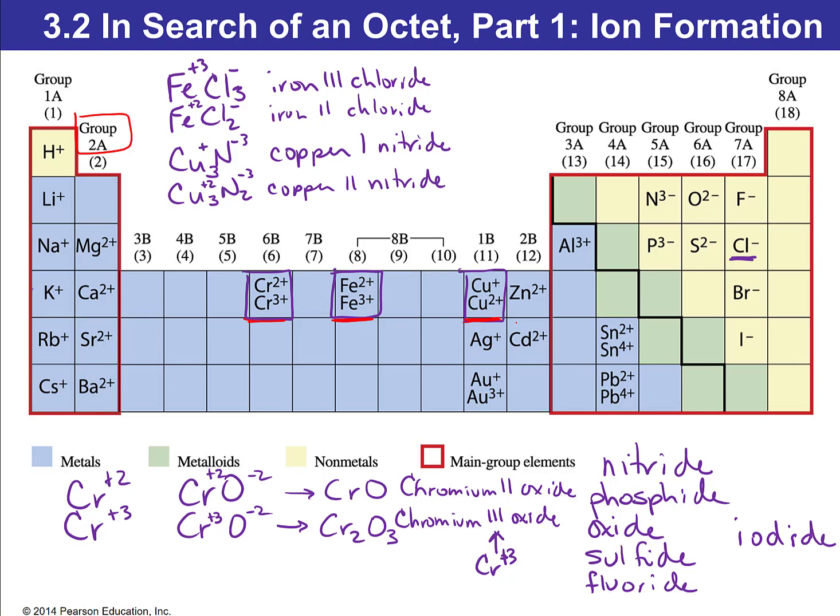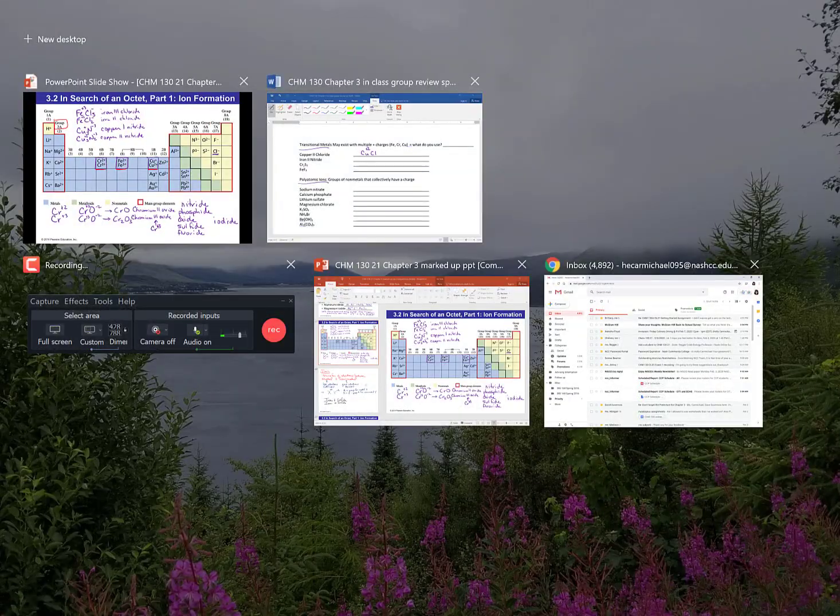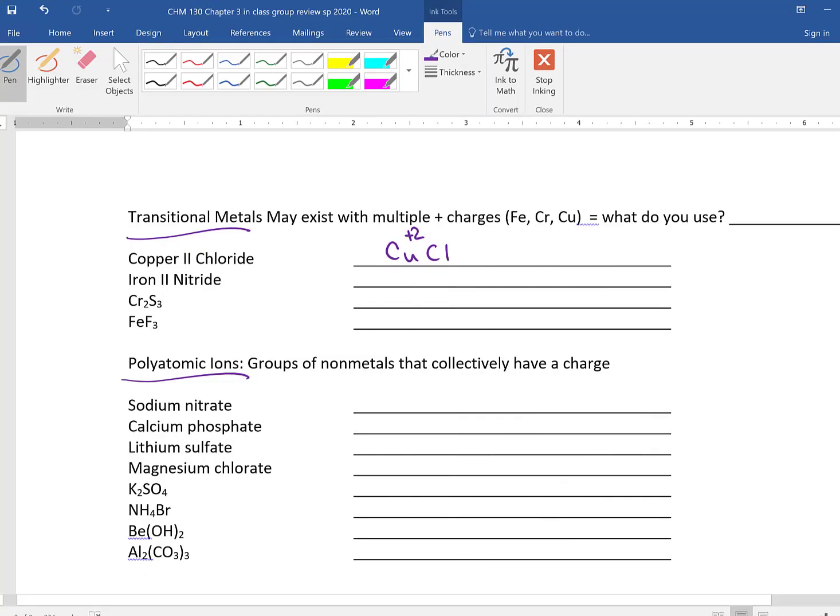So in this, go back there. We know that copper is a +2 because the Roman numeral 2 tells you the charge. Chlorine is a -1.